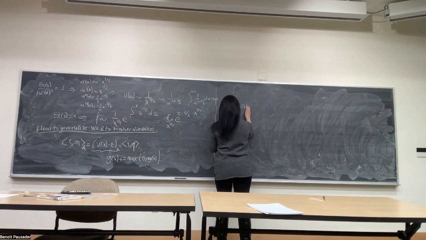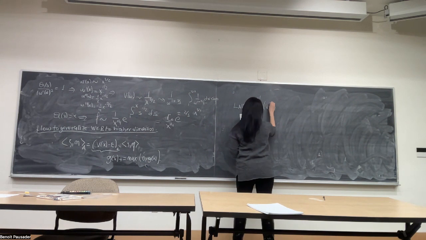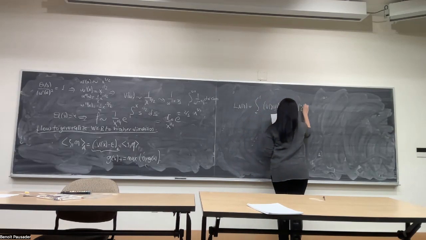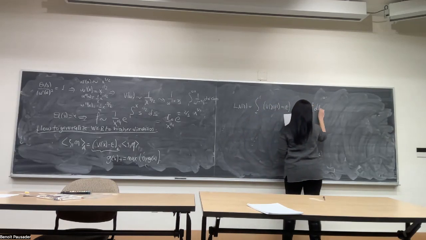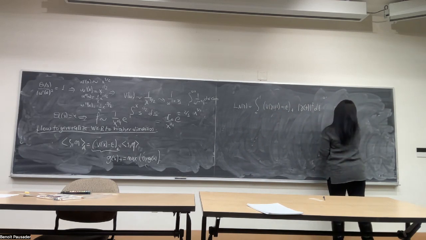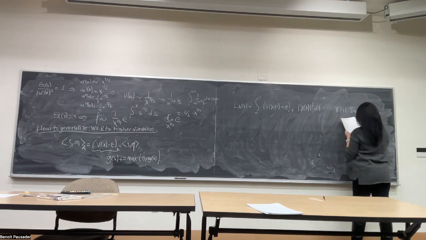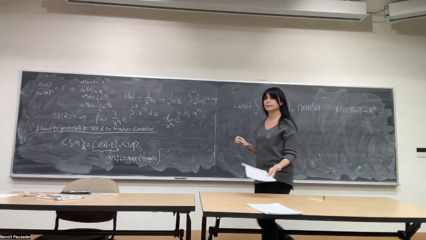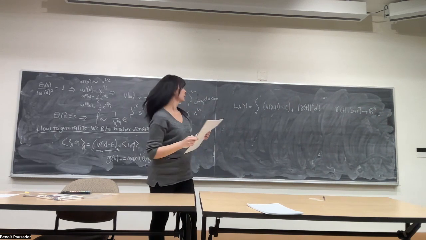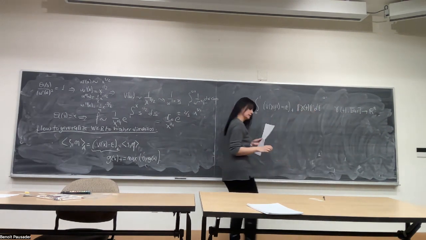So our length formula will be the integral from 0 to 1. And we write that, where gamma is a path from x to y.